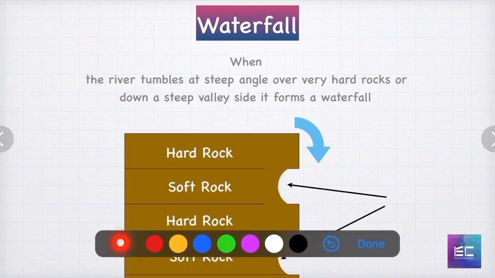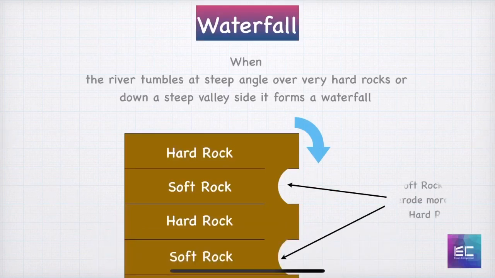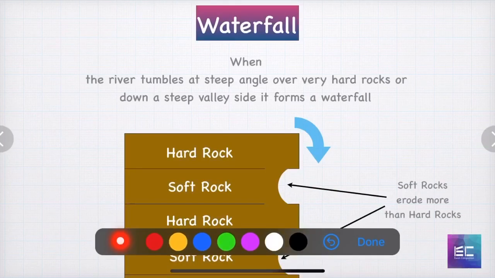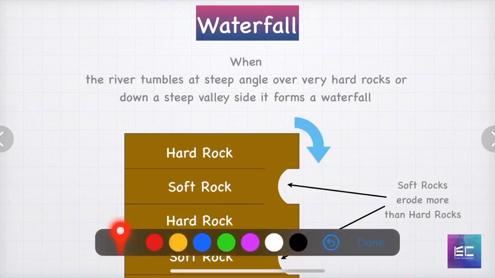Hence, you see this kind of a pattern, where soft rocks due to erosion get a curve, whereas the hard rocks are pretty much in rectangular shape, right?